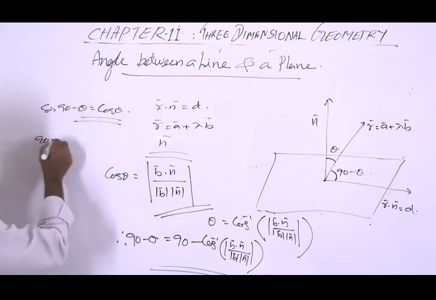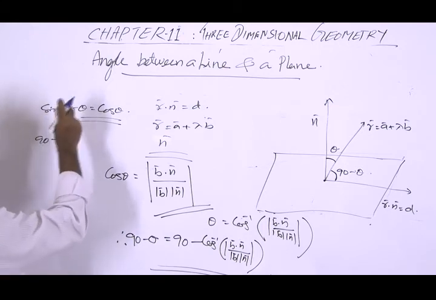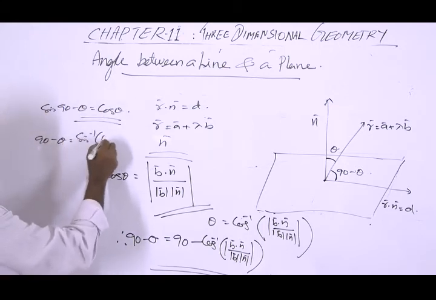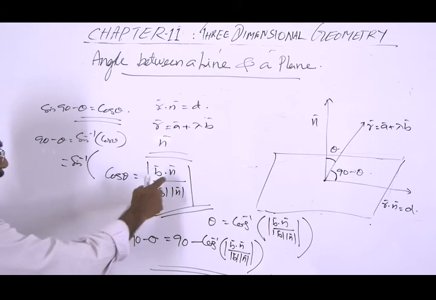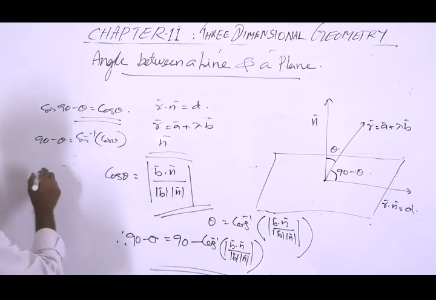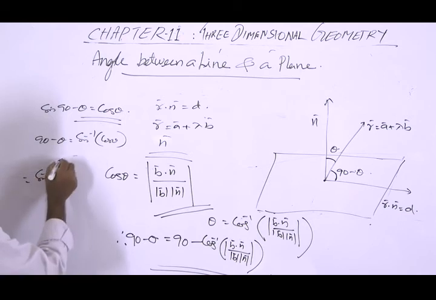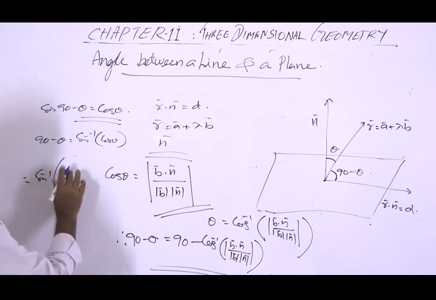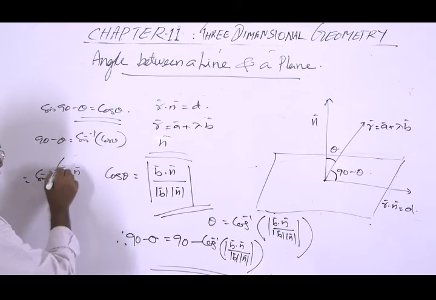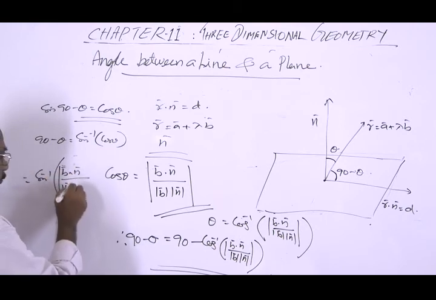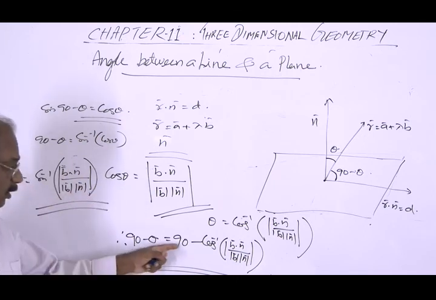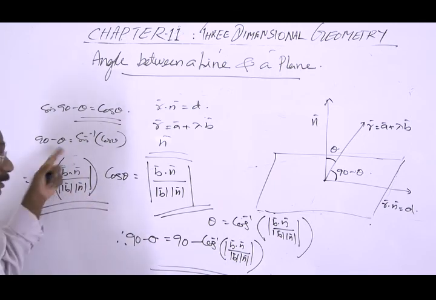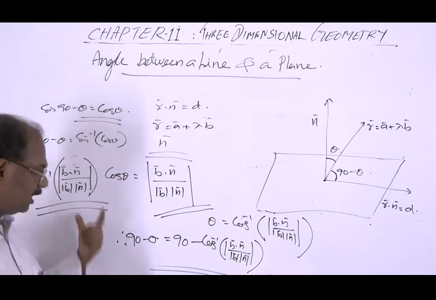Therefore 90 minus theta is equal to sin inverse cos theta, which is equal to sin inverse of modulus of B dot N divided by modulus of B into modulus of N. So in this way also we can find this. We need not take the complement. Directly we can find it, which is sin inverse this. So any form can be used.